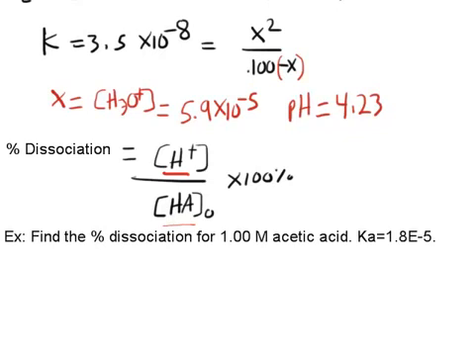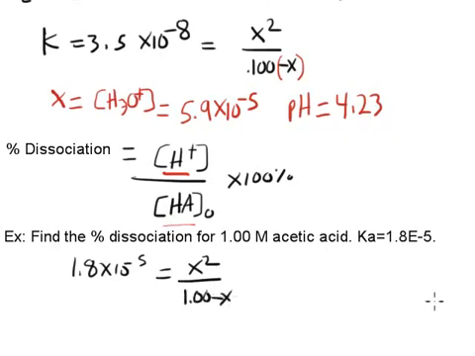So for example, find the percent dissociation of 1 molar acetic acid. The Ka for acetic acid is 1.8 times 10 to the negative 5th. So when we do our ice table, we find out that 1.8 times 10 to the negative 5th is equal to x squared, where x is H3O plus that forms, over 1.00 minus x.